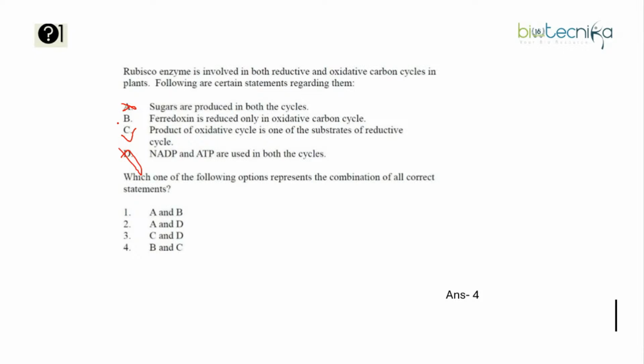Indirectly it is involved. Okay, but if I have to choose from these options, I will always choose B and C. Got it? So this is how you have to analyze.